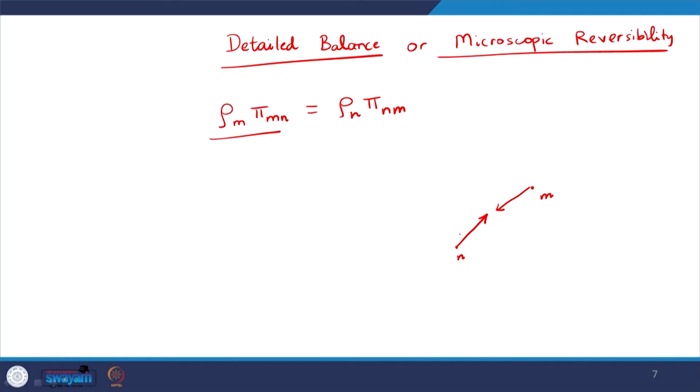So, the number of ways, so to speak, in which I am going from state n to state m is compensated by the number of ways I am coming from m to n, right.